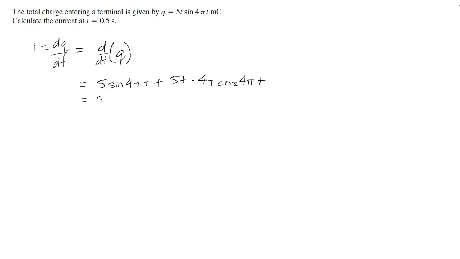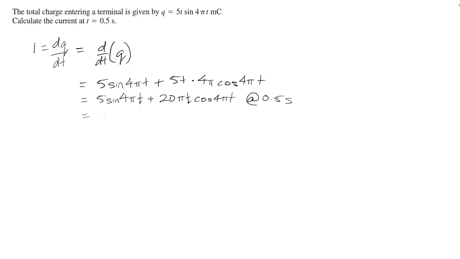Once we simplify this, well, not really much simplifying, we get 5 sin 4 pi t plus 20 pi t cos 4 pi t at half a second.